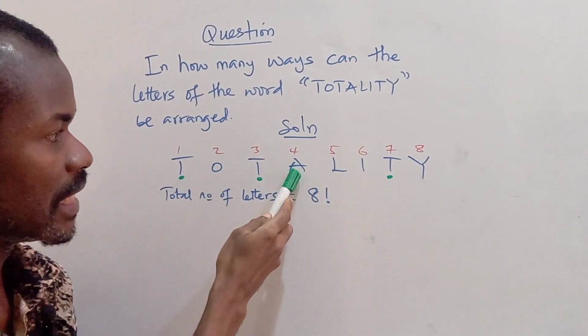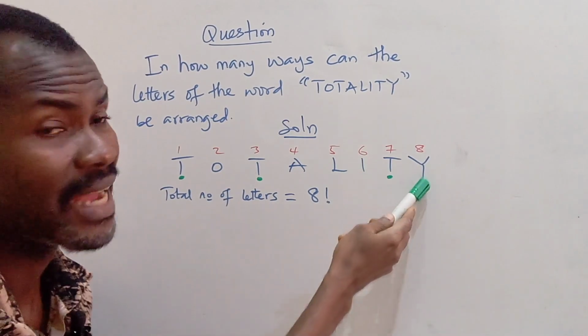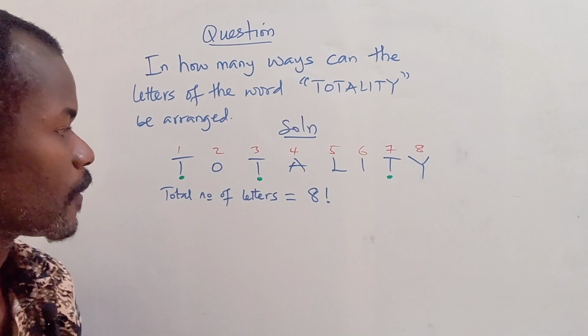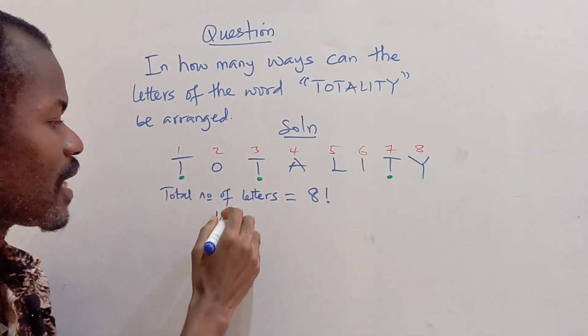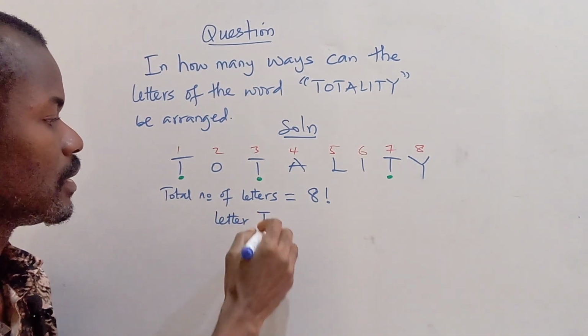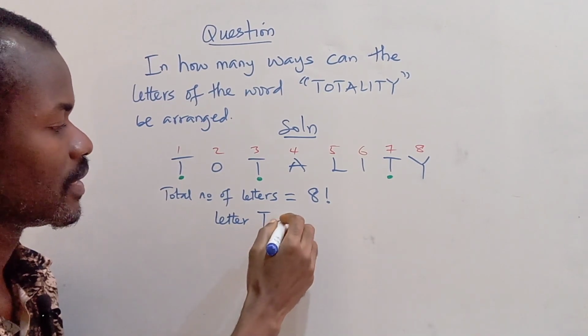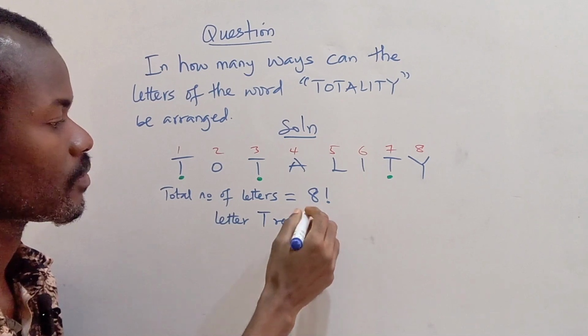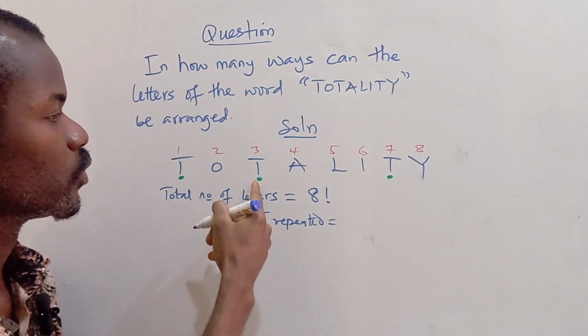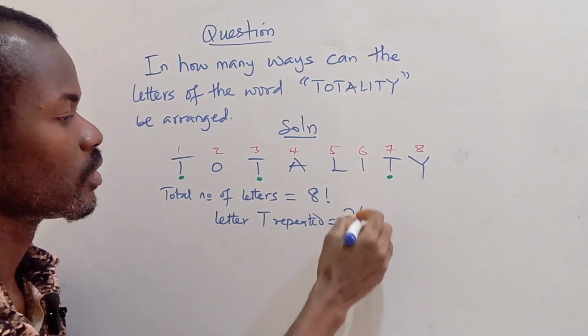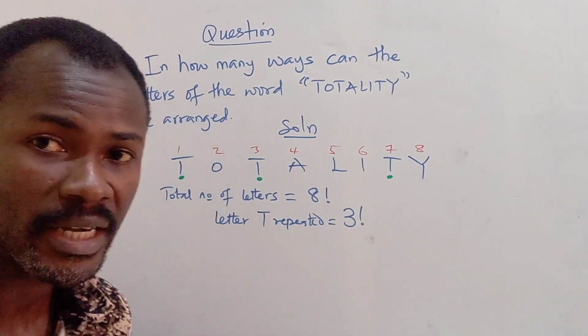O does not repeat, A does not repeat, I does not repeat, and Y does not repeat. So we can see that letter T is repeated how many times? 1, 2, 3. So we say 3 factorial. Alright?